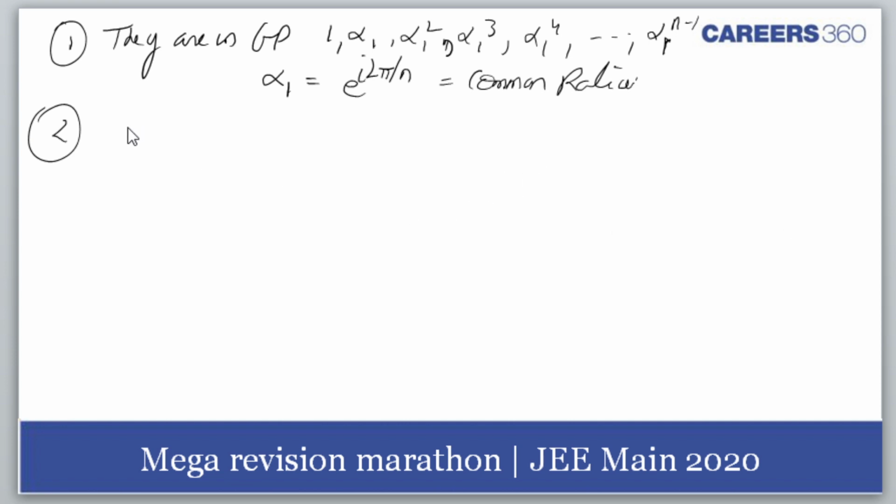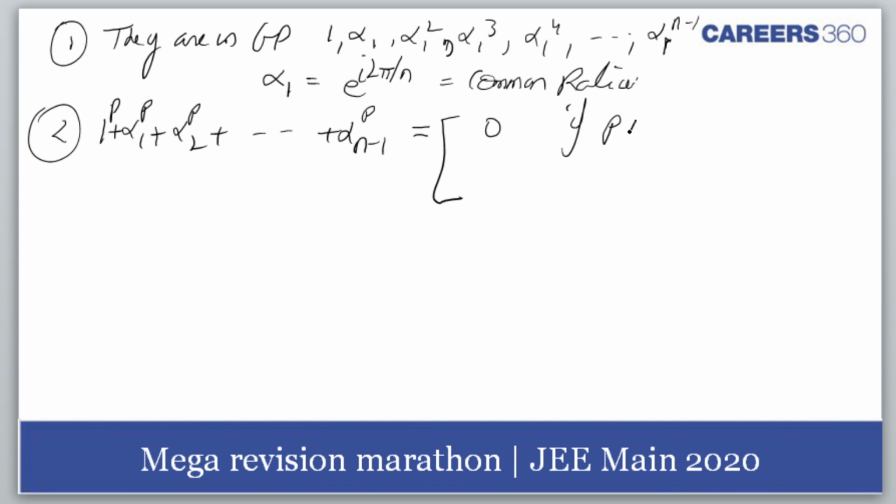Then what would be the sum of the nth roots of unity? So we realize 1, alpha 1, alpha 2 and so on, alpha n minus 1. The sum of nth roots, I'll give you a general formula for this: 1 raised to power p, alpha 1 raised to power p, alpha 2 raised to power p and so on, alpha n minus 1 raised to power p. This is equal to 0 if p is not an integral multiple of n.